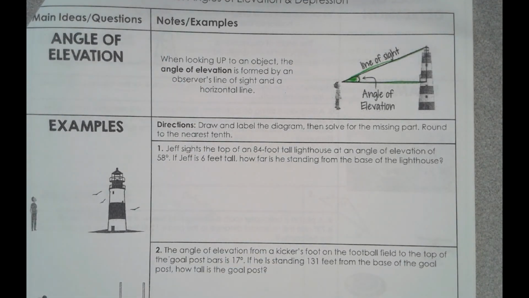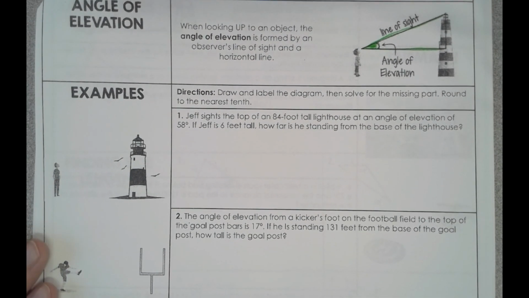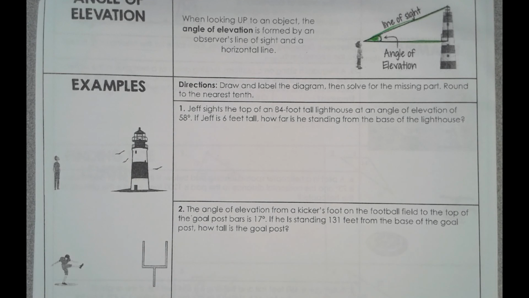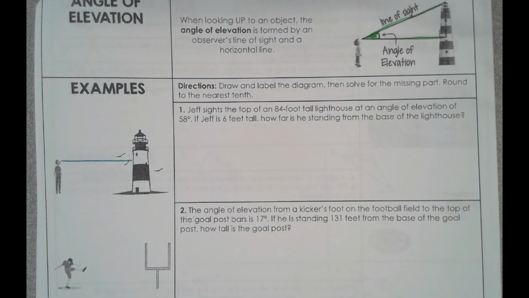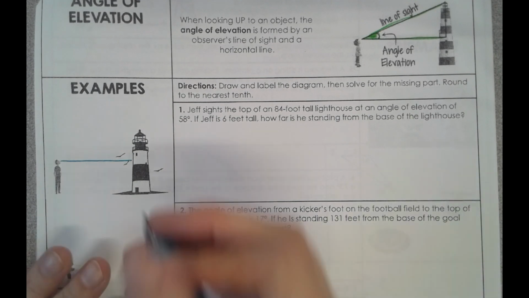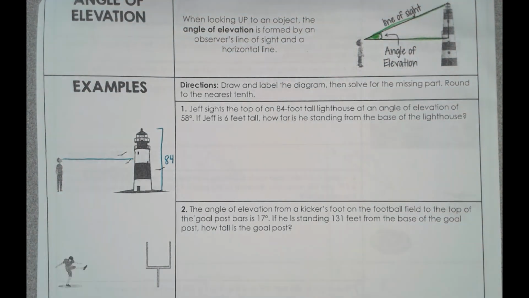So I've put some little images here so you didn't have to draw them. Jeff sights the top of an 84-foot tall lighthouse. Think about if Jeff was looking straight ahead. That lighthouse, the whole thing, is 84 feet.